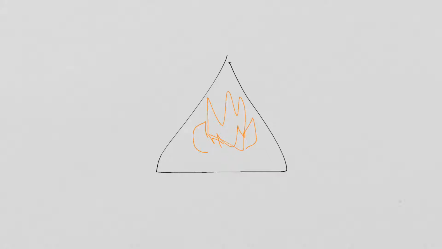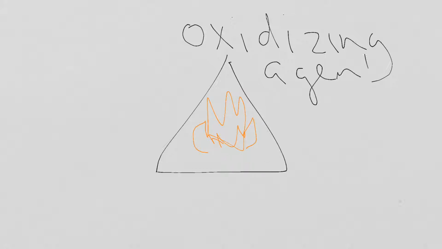So one of the first things you need is something called an oxidizing agent. Basically, this means oxygen, O2. If oxygen is not present, a fire will not burn. I have candles at home that have lids.